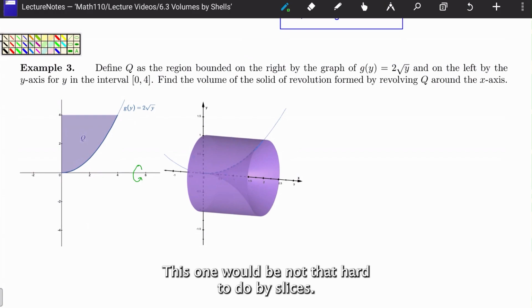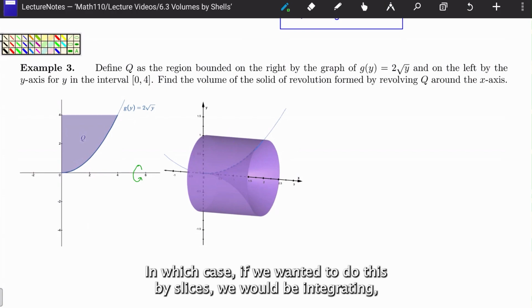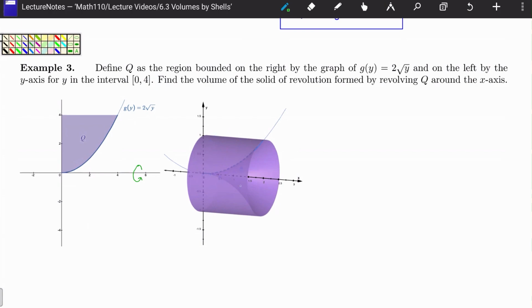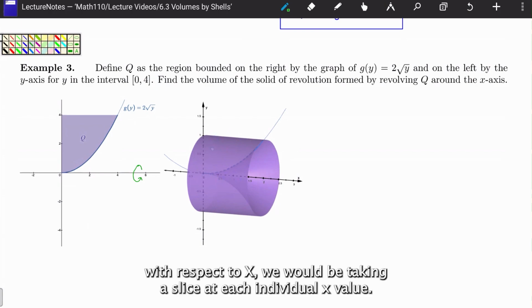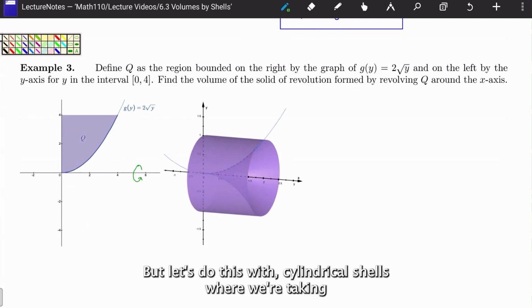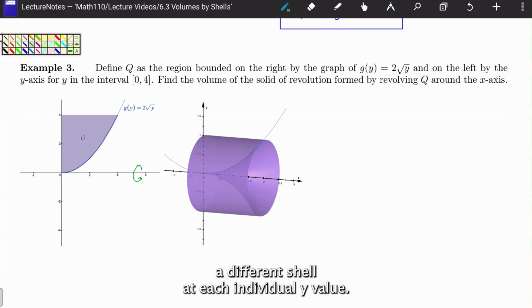This one would be not that hard to do by slices, probably. In which case, if we wanted to do this by slices, we would be integrating with respect to x. We would be taking a slice at each individual x value. But let's do this with cylindrical shells, where we're taking a different shell at each individual y value.